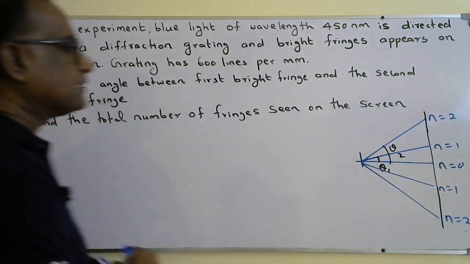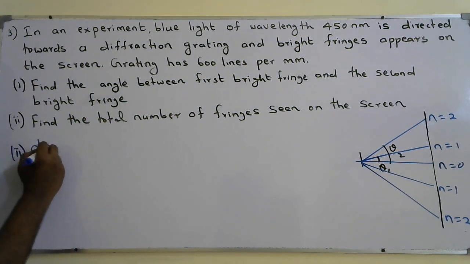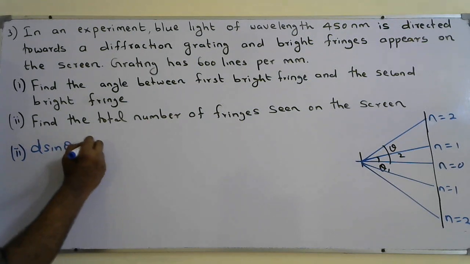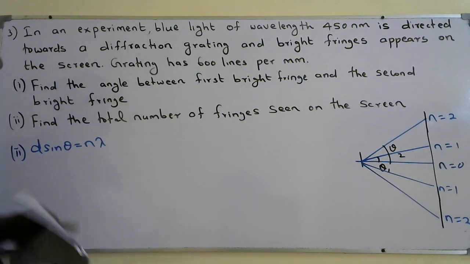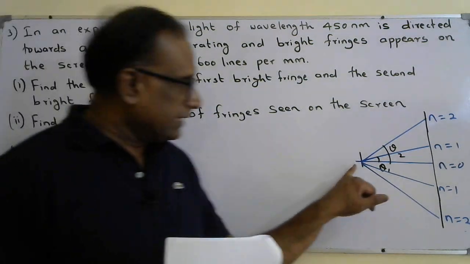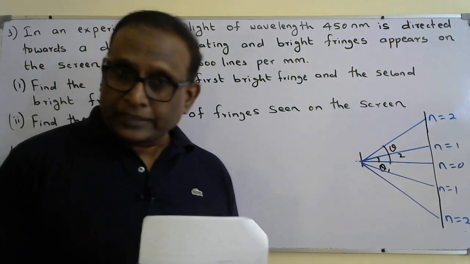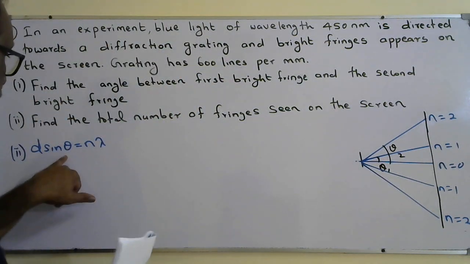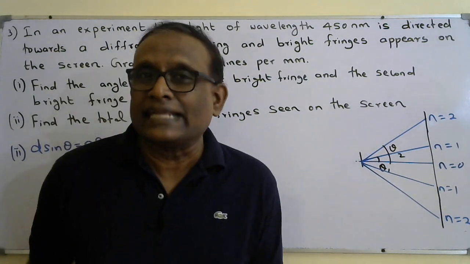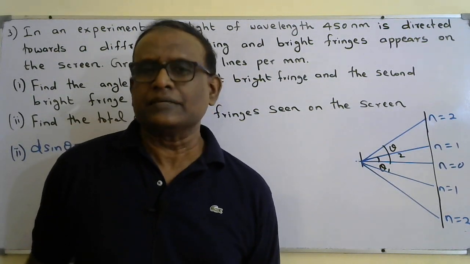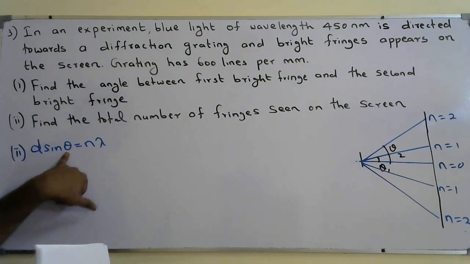We can use the equation d sine theta equal n lambda. Theoretically, the maximum value of the angle of diffraction theta for a particular order n could be 89.999 degrees. So we take it as 90 degrees.